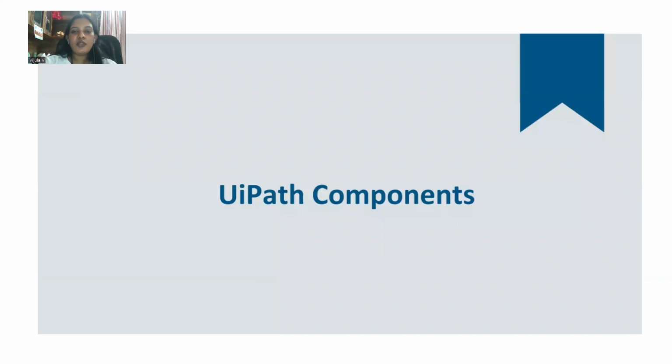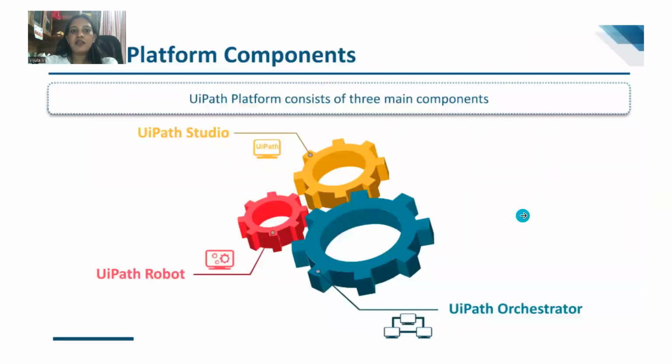So coming to UiPath components, I want you to be clear here. We have two topics, that is UiPath components and UiPath Studio components. When I say UiPath components, we have three main components here: UiPath Studio, UiPath Robot, and UiPath Orchestrator.